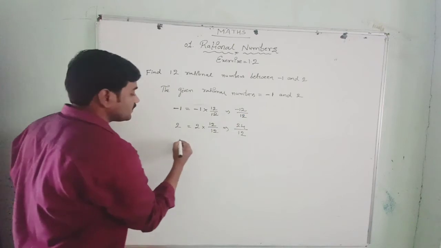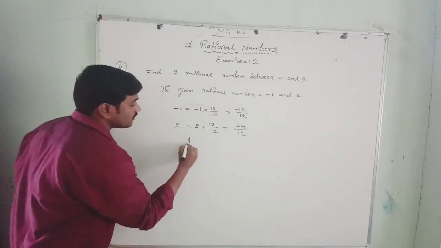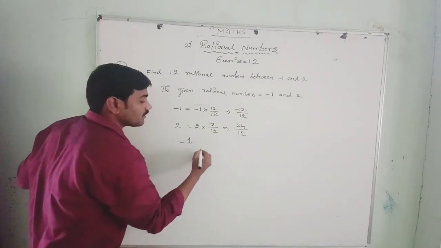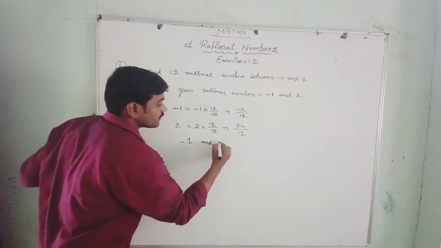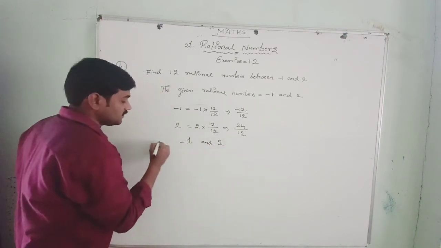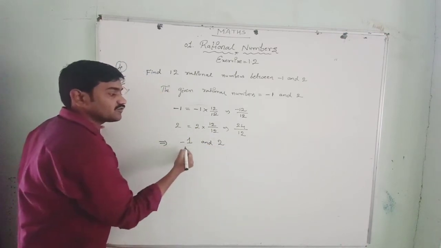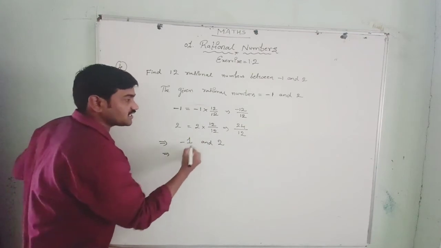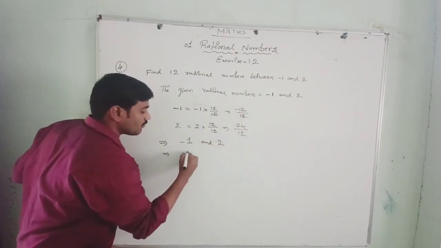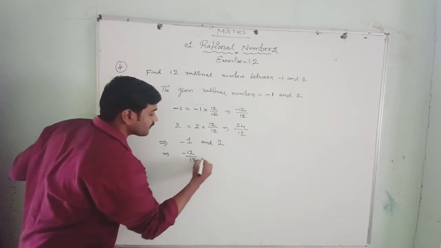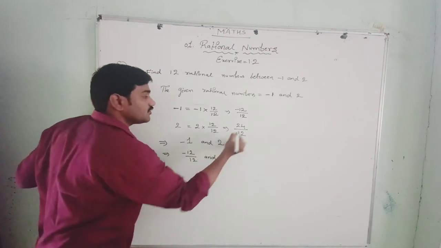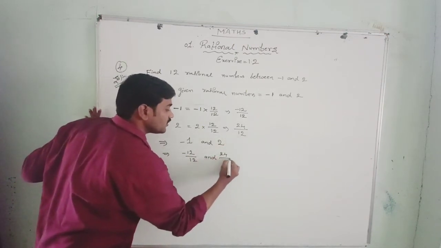You observe now, here minus 1 and 2. In this way, between these we have to write 12 rational numbers now. Here minus 1 is nothing but minus 12 by 12, and 2 we can write as 24 by 12.